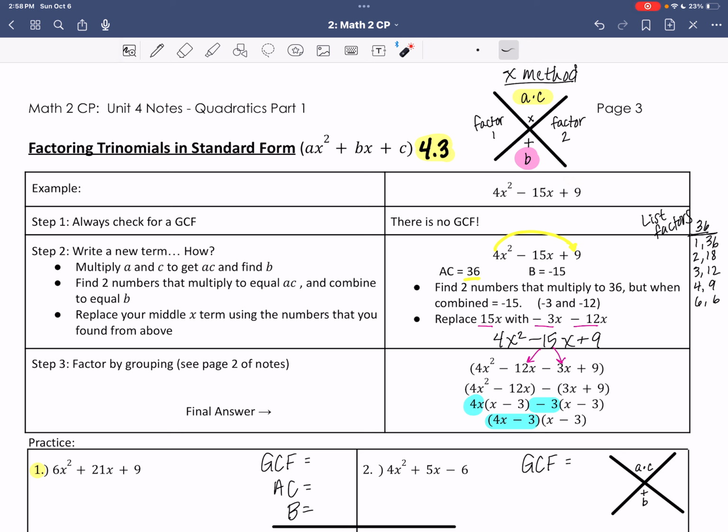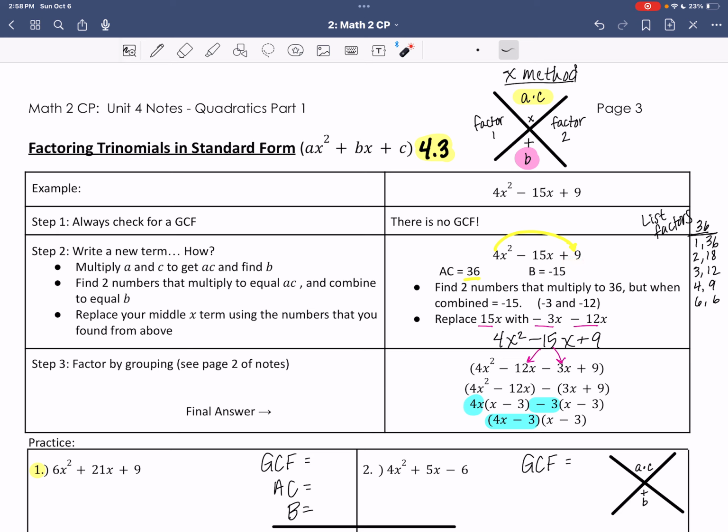Is 4x squared minus 15x plus 9. So, step 1, always check for GCF. 4, 15, 9, they don't have anything in common, so there's no GCF. So now we're going to go into step 2. So we have to figure out how to get a term. So here in this case, A is 4, B is negative 15, and C is 9.